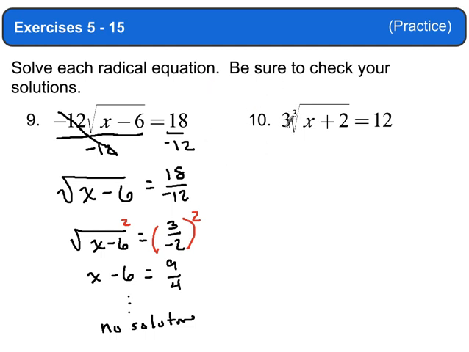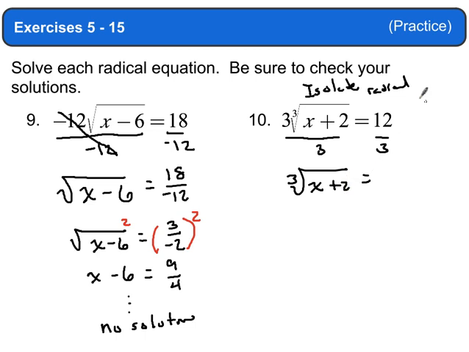We've got this 3 right here, so we're going to want to divide both sides by 3 first, because remember the first goal is to isolate the radical. Once you've done that, those cancel, so you get the cube root of x plus 2. 12 divided by 3 is 4.